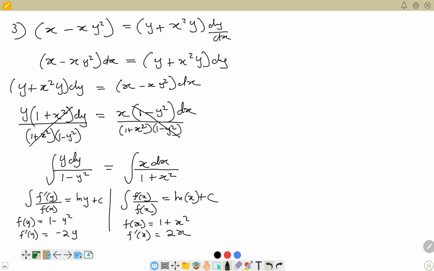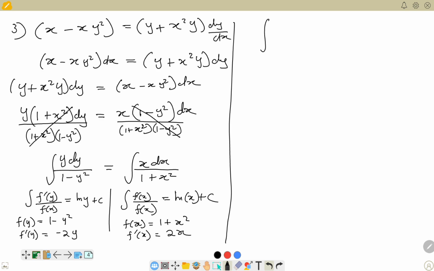Then we are safe to apply this formula if these conditions are satisfied. But we can see that on the numerators, on the side of y, we do not have negative 2y, we only have y. And on the side of x, we don't have 2x, we only have x, but we can introduce that, which is called compensation.